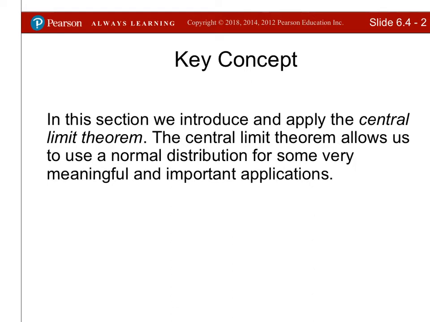Okay, so if you remember the kinds of questions we asked in section 6.2, what's the probability that a man is taller than 73 inches, or between 64 and 69.6 inches, right? We were able to answer those questions by finding areas under the curve. We're going to ask those same kinds of questions, but about means.